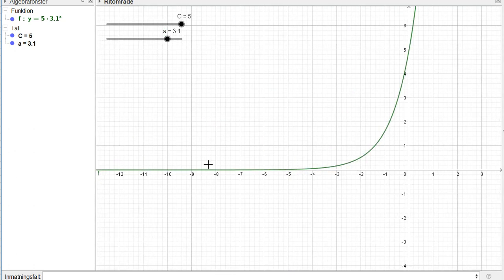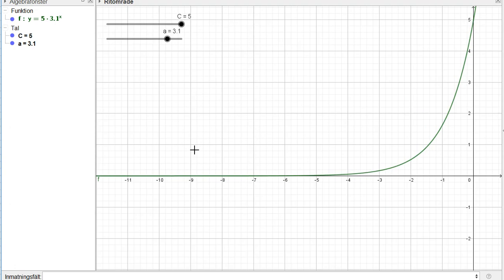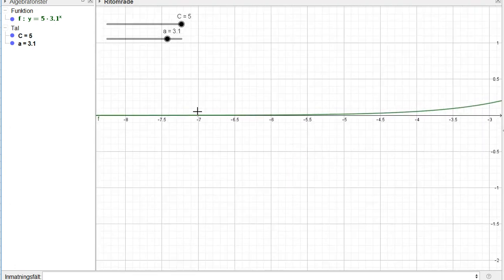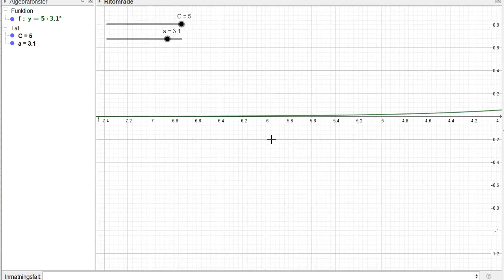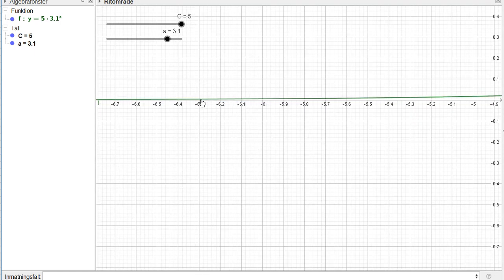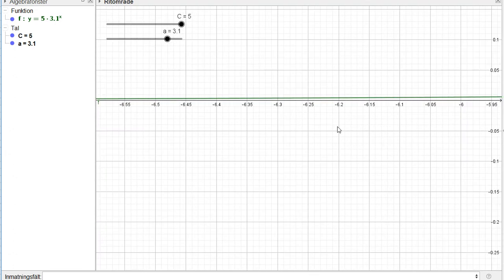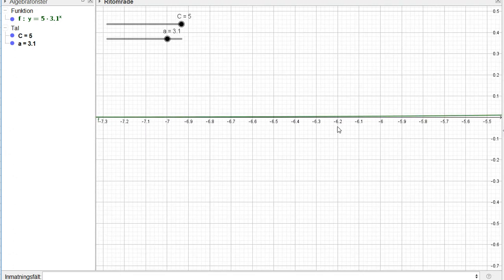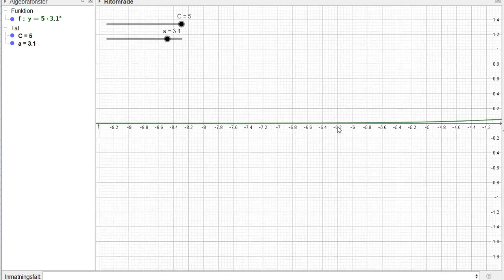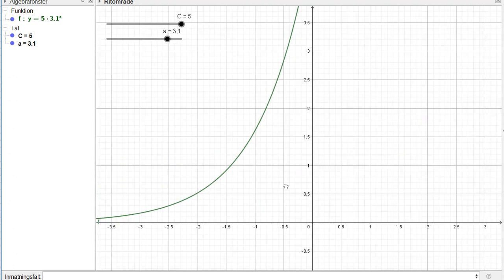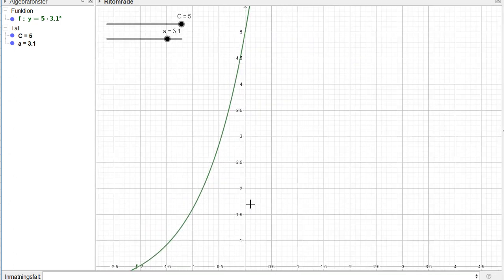It looks like it touches y is equal to 0, but it doesn't. There you go. Okay? So that is very good to know. It doesn't touch y is equal to 0. And the c is the original value.